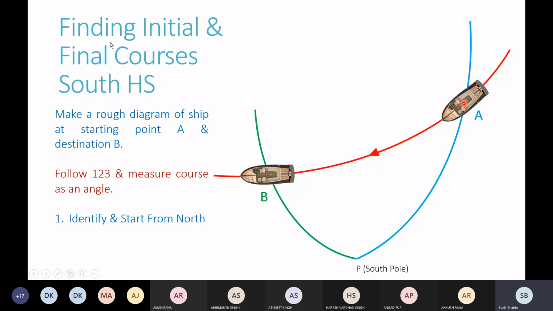The direction of the meridian going towards the North Pole gives us the northerly direction. So at point A, meridian going in this direction towards the North Pole gives us the northerly direction. I have marked it with the end point here representing true north. And if you come to the destination location, the direction of the meridian going towards the North Pole represents the true north. So true north represented by N at both the locations.